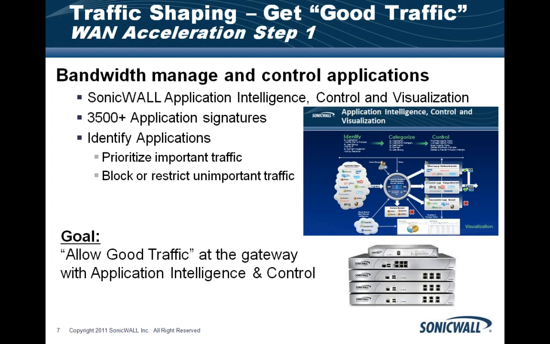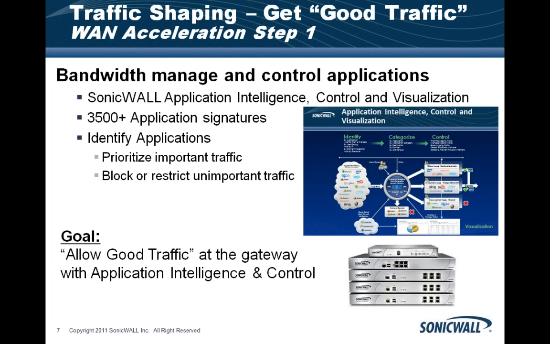Today we have roughly about 3,500 different application use cases that are preloaded onto the system. They're categorized in about 50 different categories, where you can look at it and say, I want to block all P2P applications. You can look at things like IM. We can block different IM programs like Yahoo or MSN.